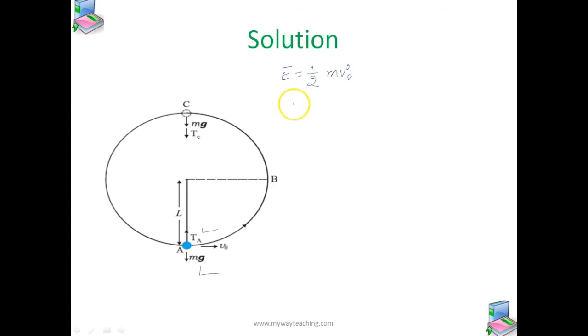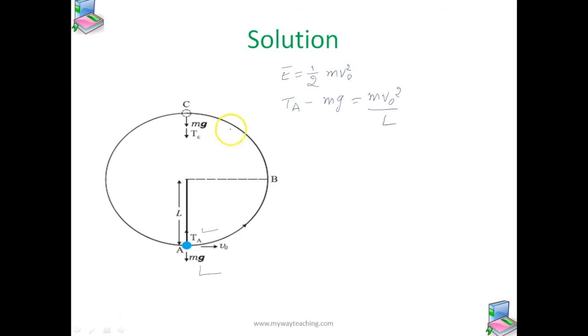Okay, and using Newton's second law, the tension T A minus mg is equal to m v naught square by L. Here T A is the tension in the string at A. At the highest point C, the string slackens, as the tension in the string T c becomes 0, so we can consider point C now.